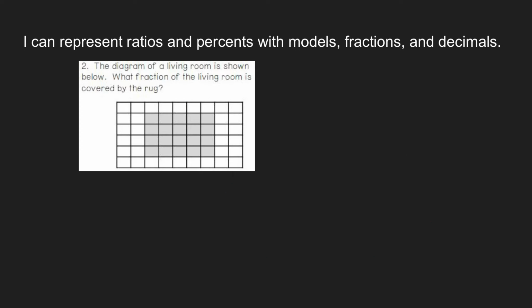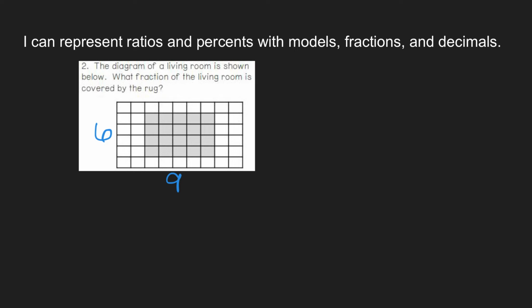All right, number 2. This one kind of looks like a pain. The diagram of the living room is shown below. What fraction of the living room is covered by the rug? Okay. What fraction? All right, so I guess I need to figure out how big the room is first. So if we count the side, looks like there's 6 over here. 1, 2, 3, 4, 5, 6, 7, 8, 9 on the bottom.